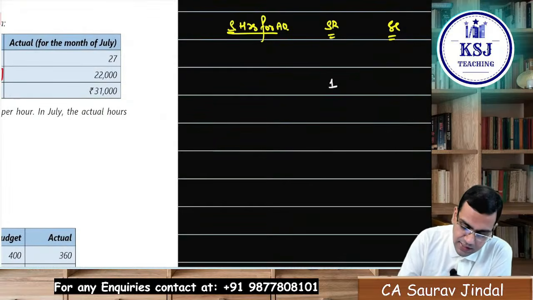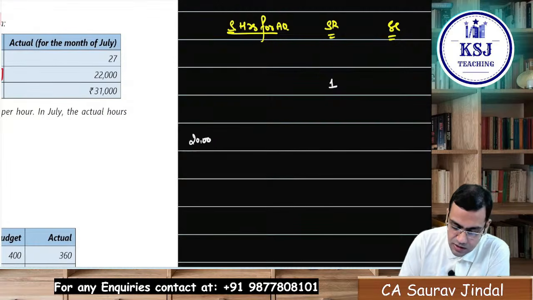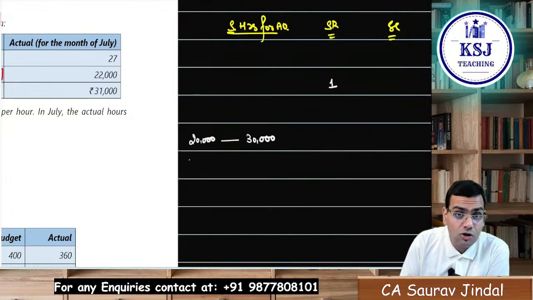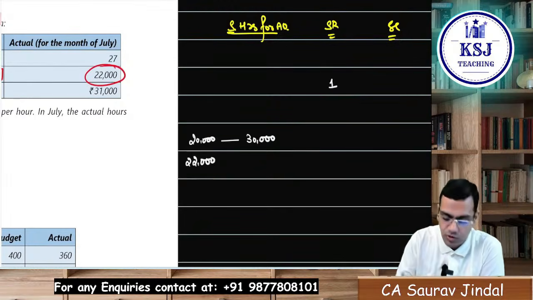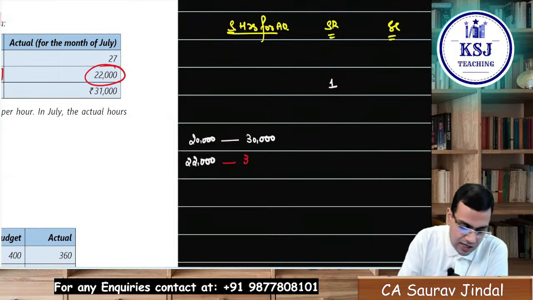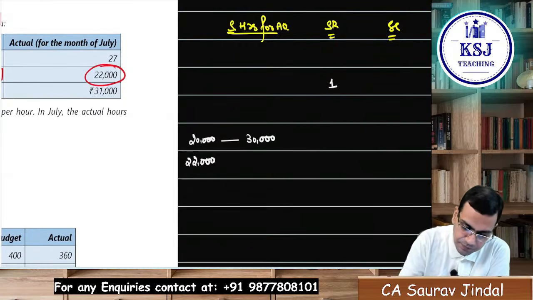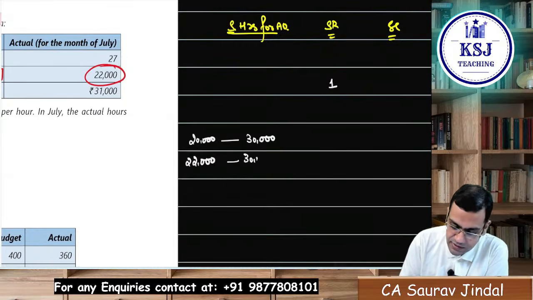What he's saying is that, sir, if your standard output is 20,000 units, what is your standard hours? That is 30,000. Now for an actual output of 22,000 units, what will be the standard hours for this?